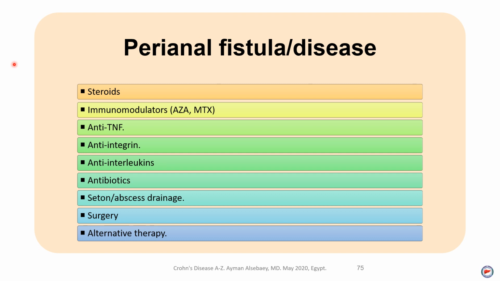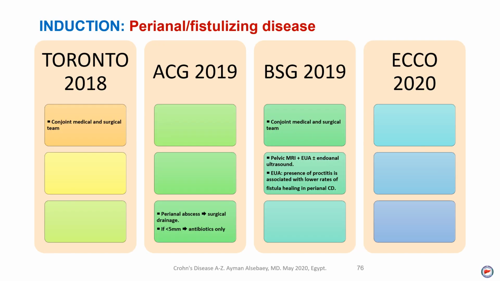These are the drugs that were commonly used in the treatment of perianal fistula: steroids, immunomodulators, anti-TNF, anti-integrin, anti-interleukin, antibiotics, seton or abscess drainage, surgery, and alternative therapy. If you face a patient with perianal disease in your clinic from the start, there is a point of conflict in the guidelines, or it is not clear in the guidelines.